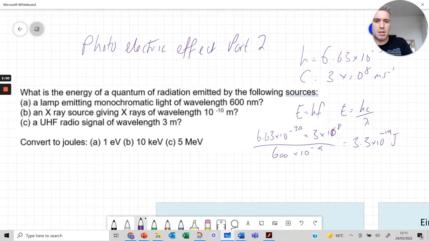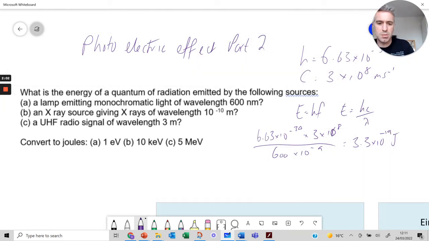Then for the next one, we just substitute in the wavelength from the bottom, 1 times 10 to the minus 10.